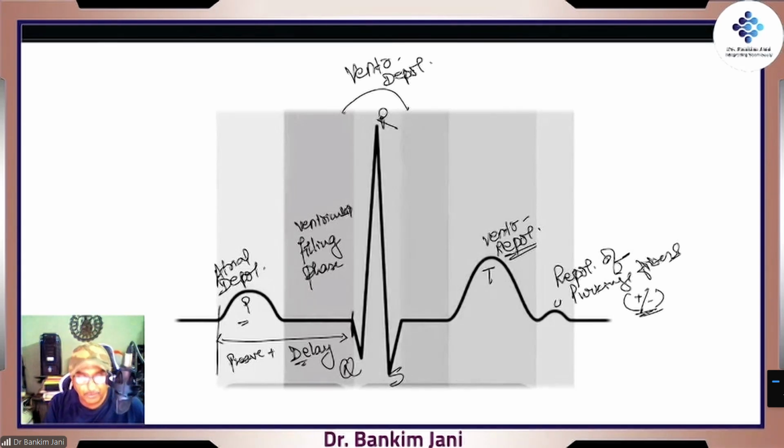Then from P all the way to the beginning of Q wave, this is what you need to remember. The beginning of P wave and the beginning of this QRS complex is called not the PQ interval, it is called the PR interval.